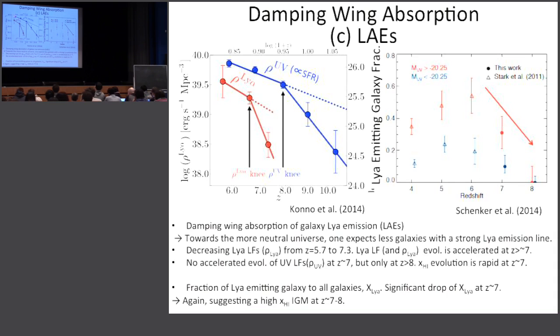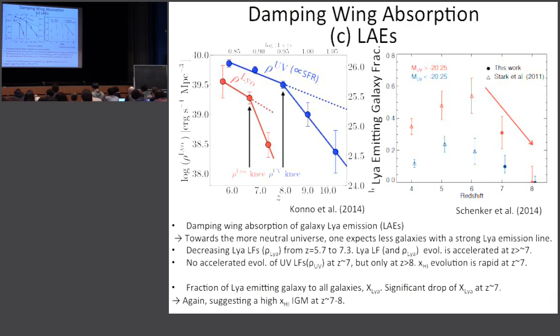From redshift around 4 to 8, at least up to redshift 8, it shows the very smooth decrease of the UV luminosity density, which is roughly proportional to the cosmic star formation rate density. So there's no indication of a strong sudden drop of the cosmic star formation rate density, but here you can find a significant drop, especially around redshift 7.